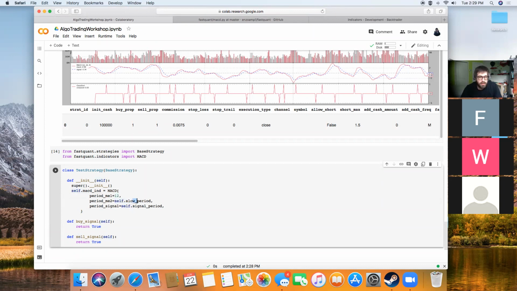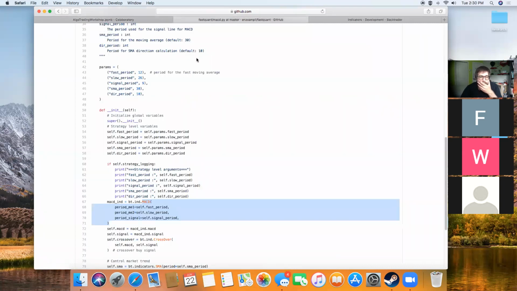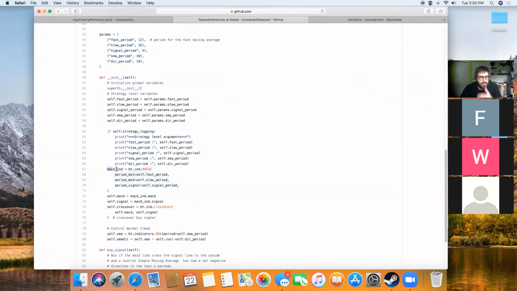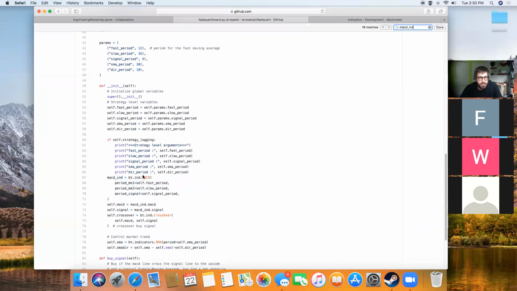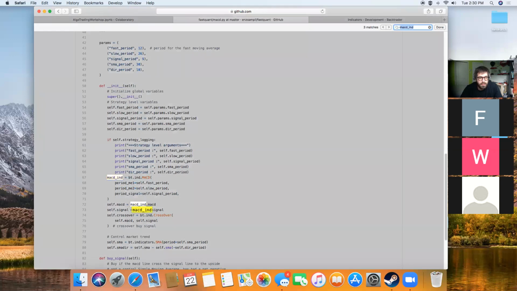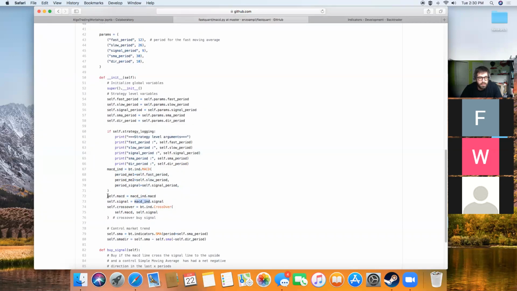Yeah, 12, 26, and 9. The 9 is of the difference, it's the signal line, right? Yeah, the moving average of the MACD.